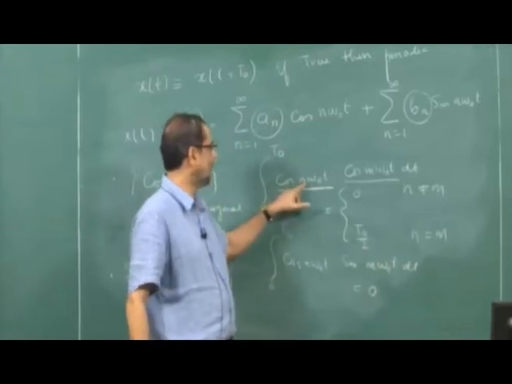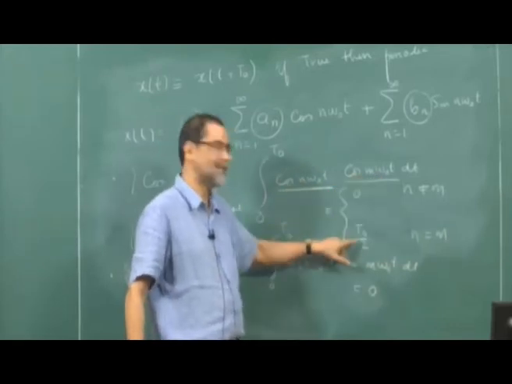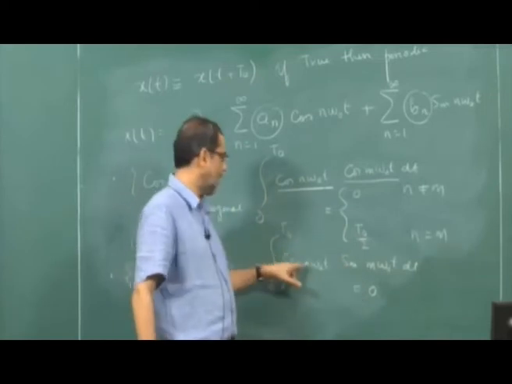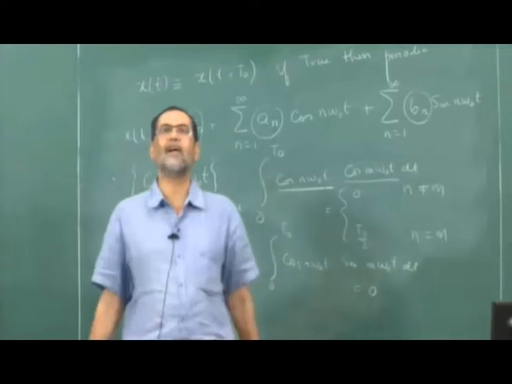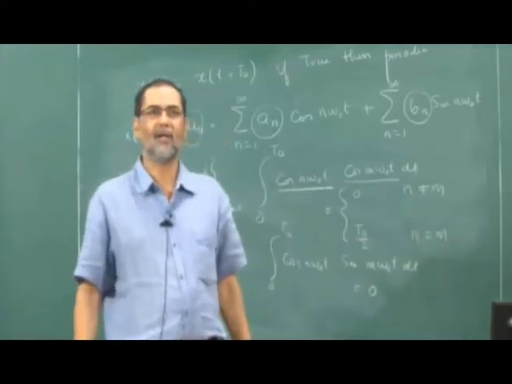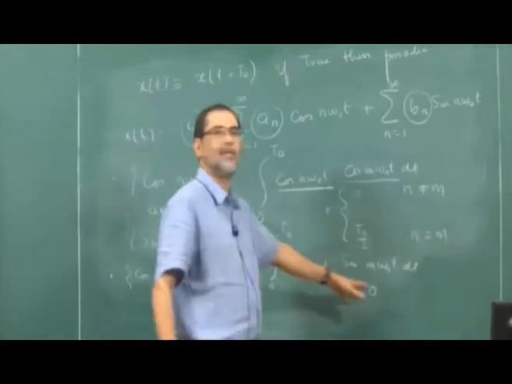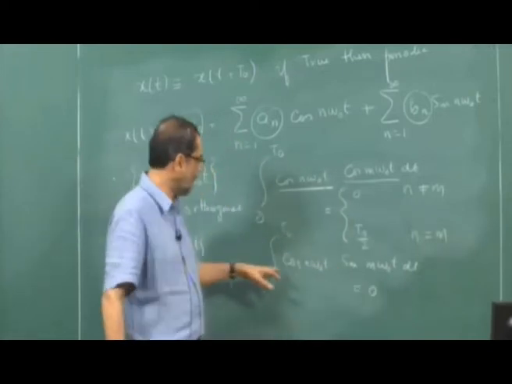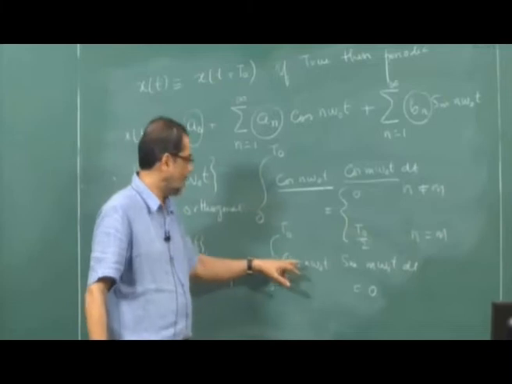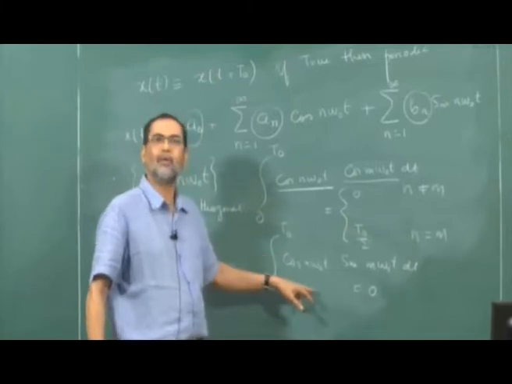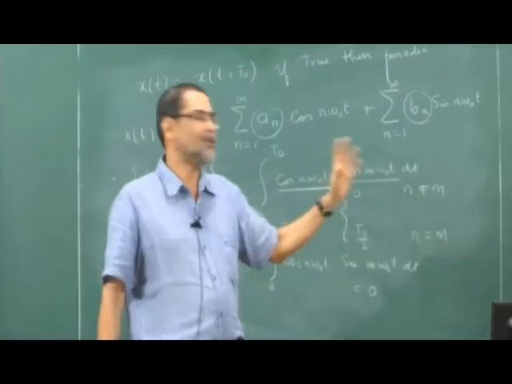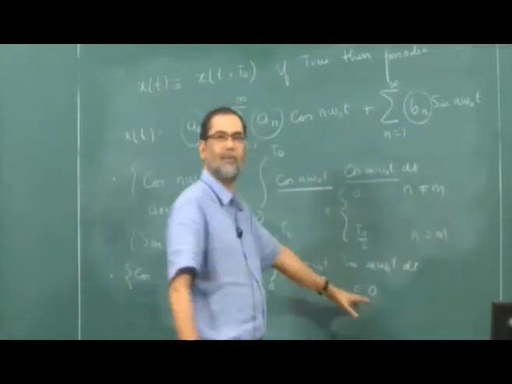Earlier, when I said if n and m are equal, then it is T by 2. When one function is cosine and the other is sine, m and n can take any value including identical values, and they will integrate to 0, because if n and m take the same value, this will be a sine 2 times n omega naught t by 2. By the first property, sine integrates to 0. So this will always integrate to 0.